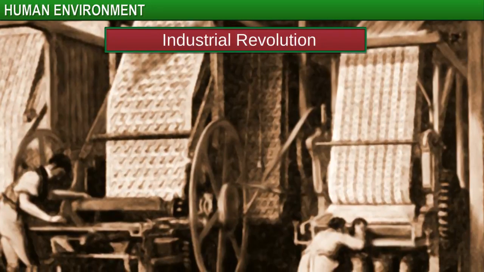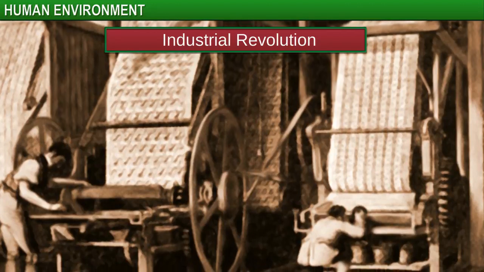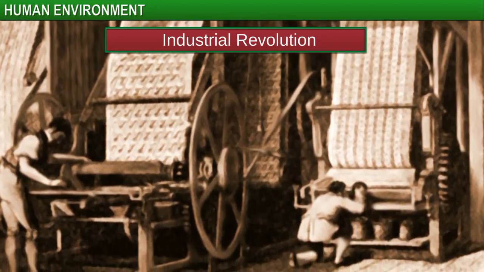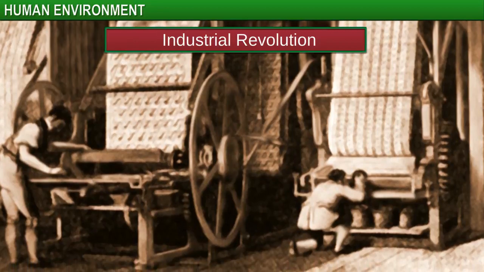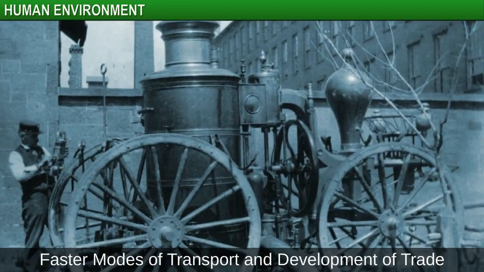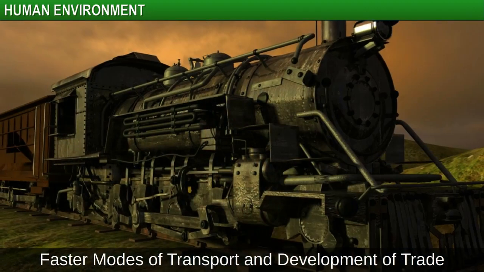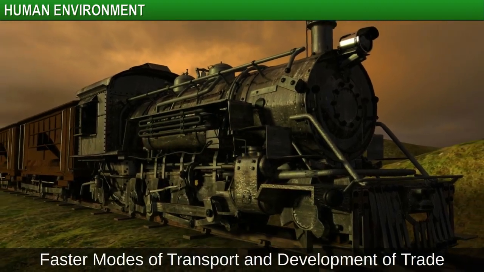Then came the Industrial Revolution, as goods needed to be produced on a large scale to meet the growing needs of human beings. The invention of faster modes of transport led to the further development of trade.